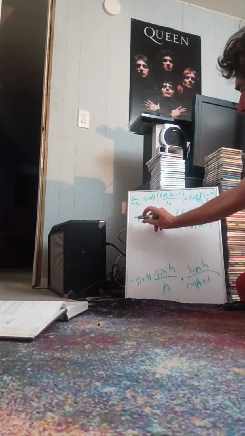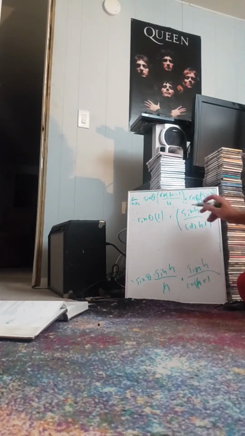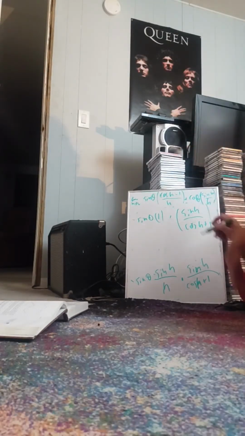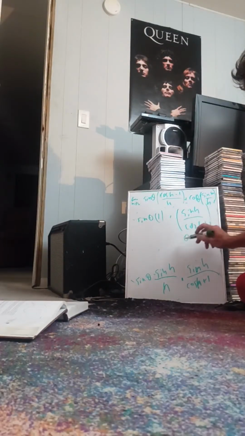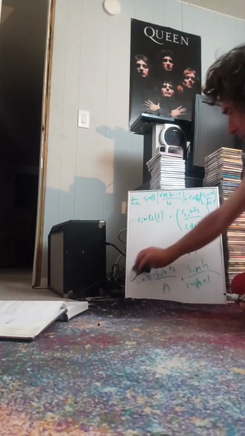So minus sine theta times 1 times the limit of this as h approaches 0. What's the limit as h approaches 0? Sine h is 0. That's going to be a 0 there. The limit as h approaches 0 of cosine h is 1, plus the 1 is 2. So this becomes 0 over 2. Fair enough.